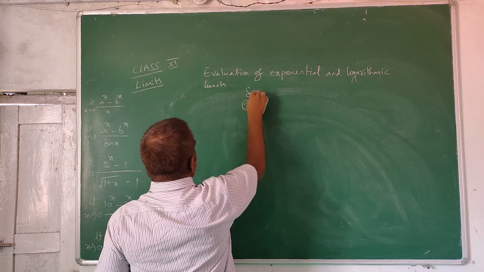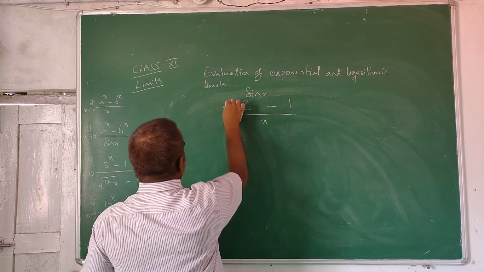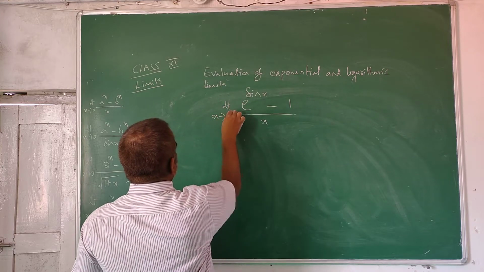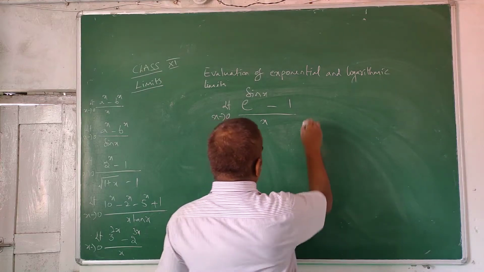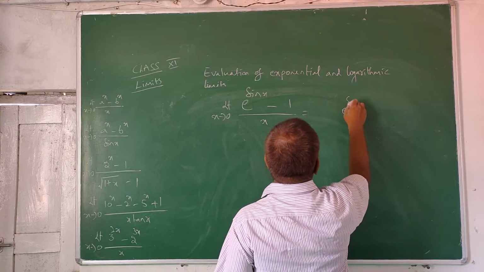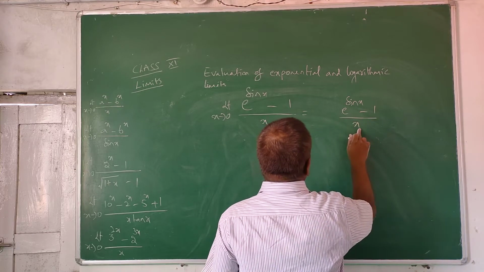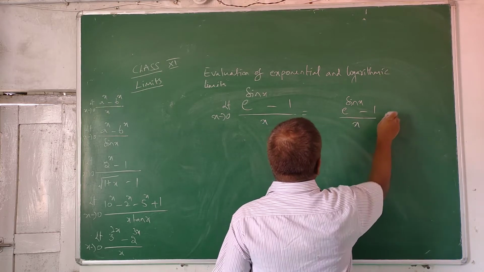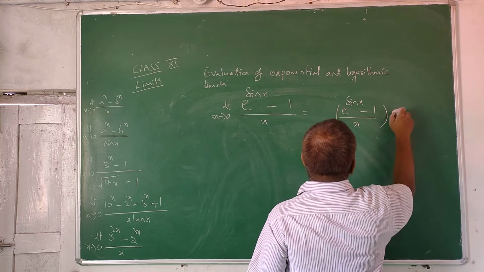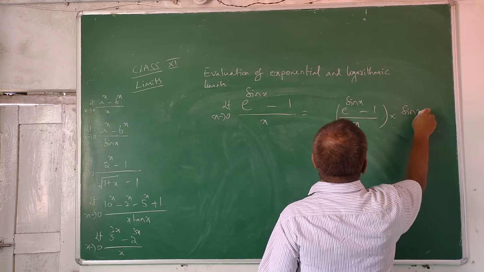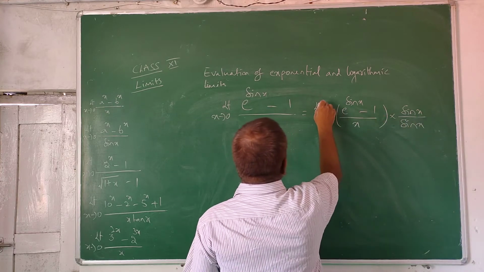e power sin x minus 1 by x, limit extends to 0. Are you following? So here what you have to do is e power sin x minus 1 by x. Here I am multiplying and dividing by sin x, so into sin x by sin x, limit extends to 0.